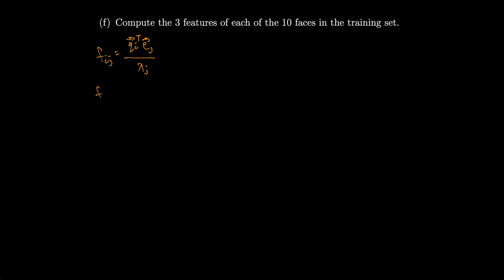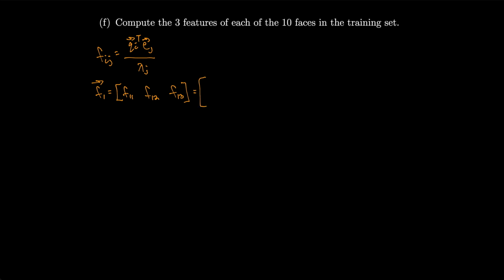So for the first feature, F1, it'll be the vector with entries F11, F12, F13.